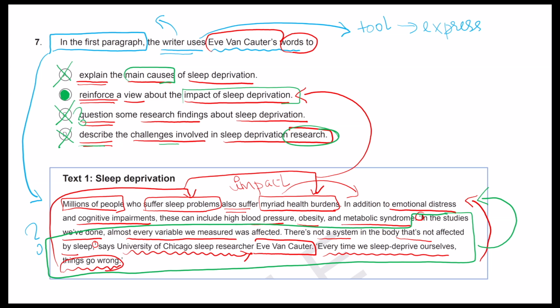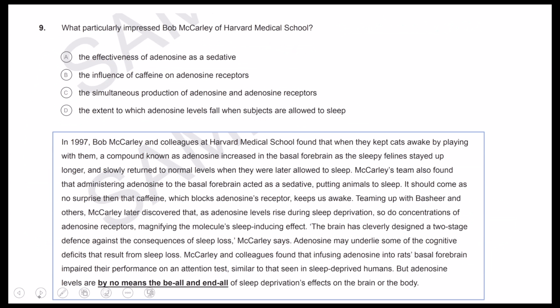Basically, a general statement about what problems people have when they are deprived of sleep is reinforced using the researcher's words. Okay, so the right answer option needs to be bubbled. So let me quickly brief the tips that we've just discussed.